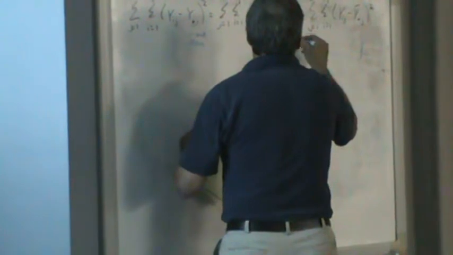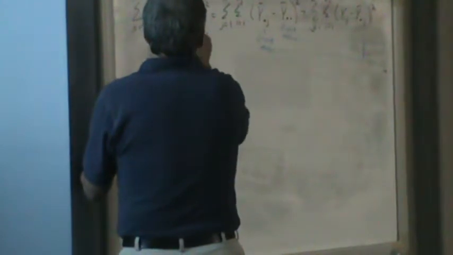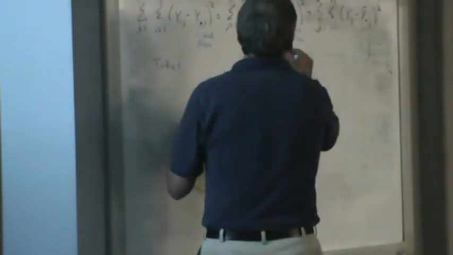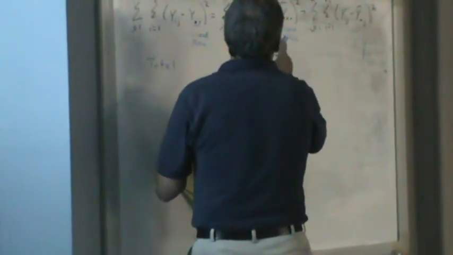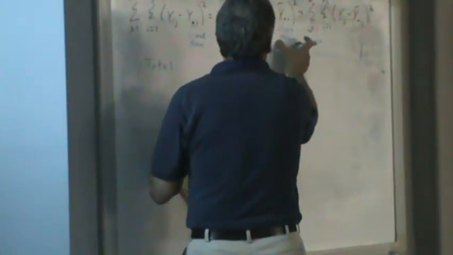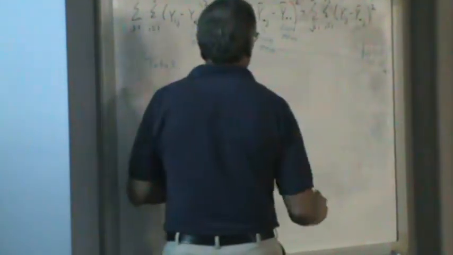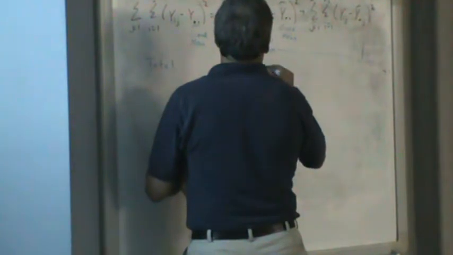And like we said a few minutes ago, we've broken up the total variation, that is, the variation between each little data point and the whole mean, into two pieces. The difference between the group mean and the grand mean, and the difference between each data point and the group mean. So this is the treatment.